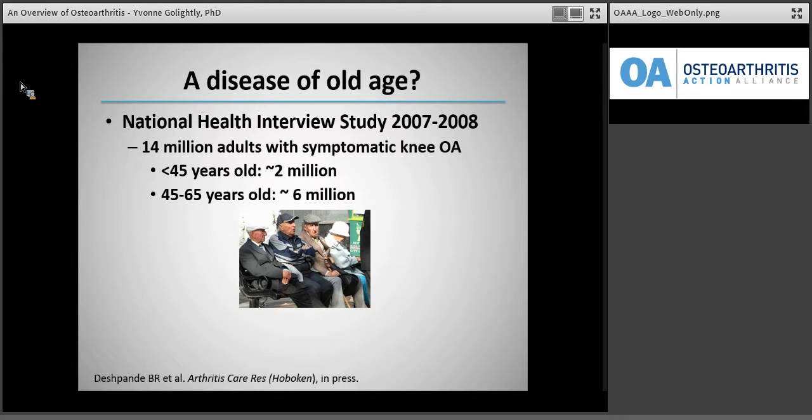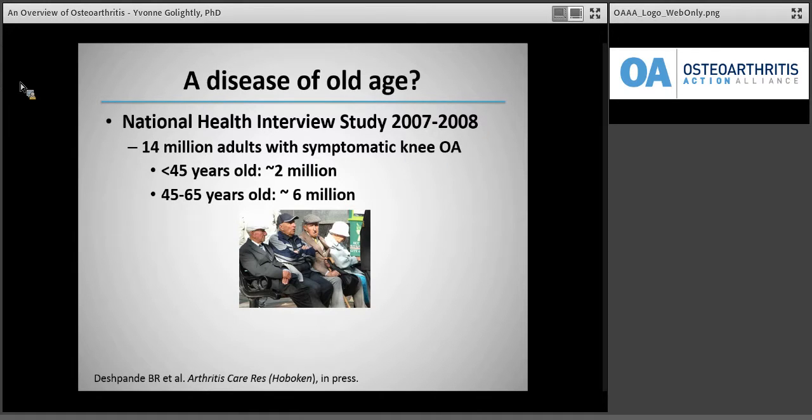So we tend to think of osteoarthritis as a disease that occurs with old age, but actually that's being questioned at this point. There are some very recent data from the National Health Interview study looking at 2007 to 2008. In this recent study, what they found is 14 million adults had symptomatic knee osteoarthritis.